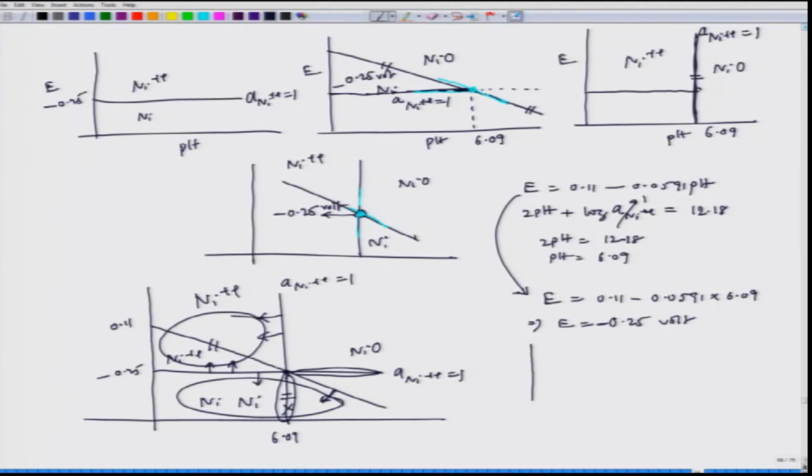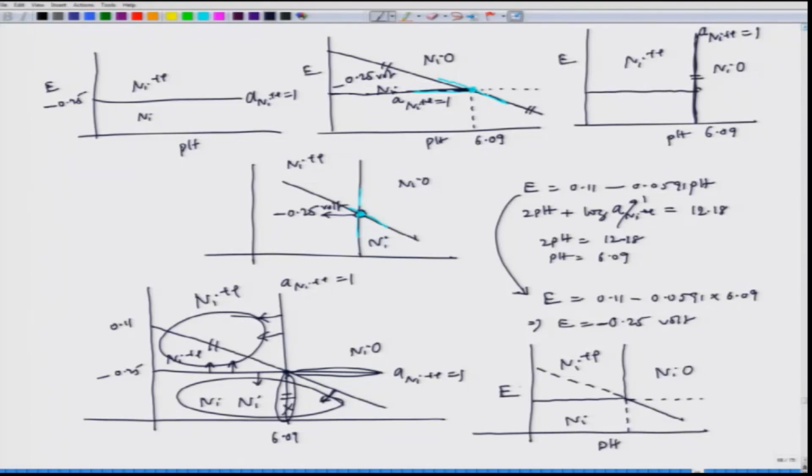So, if I draw the final region, whatever line is not able to exist, that portion I will draw with a dotted line. And then we can plot the regions Ni plus plus, Ni, and this is E, this is pH.